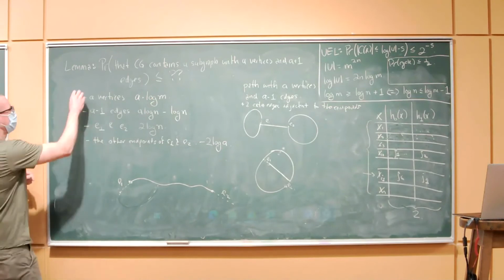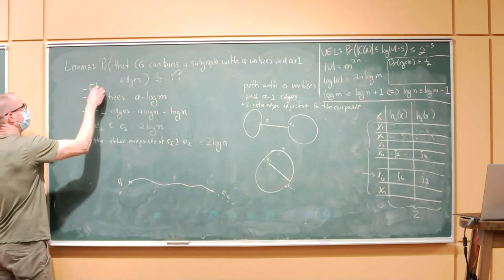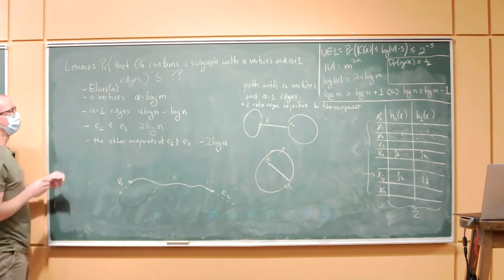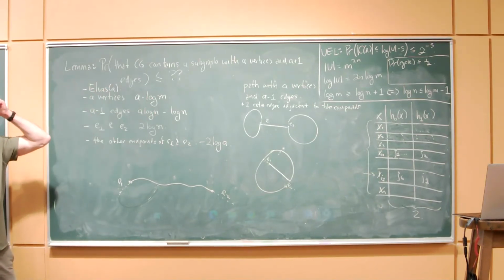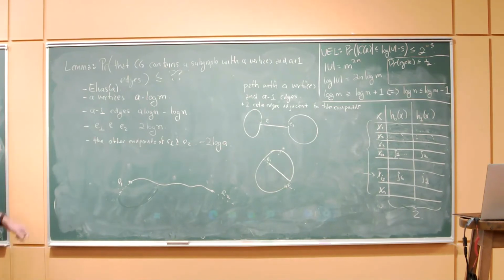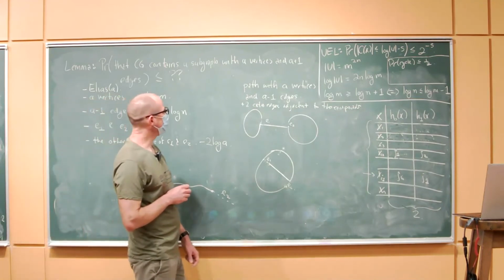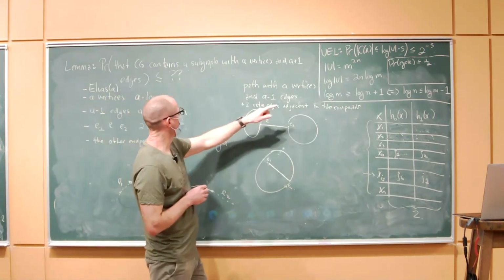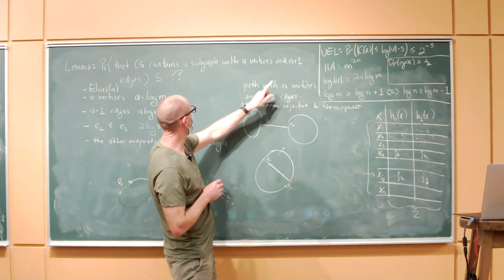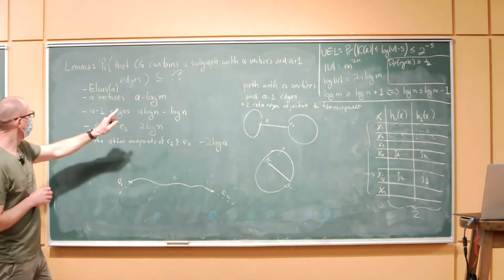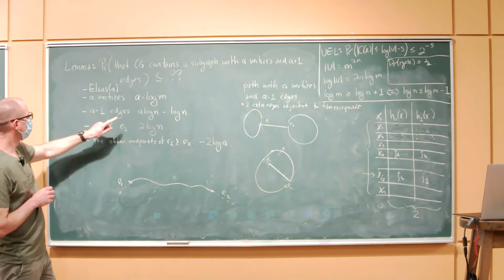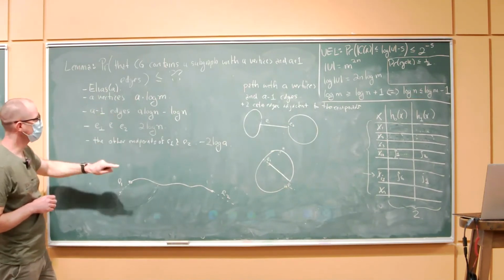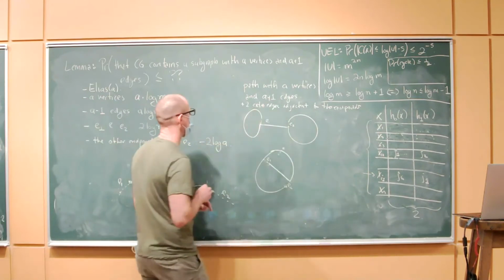And then I should not forget to make this prefix free. At the beginning, I need to tell you the Elias code for the value of A, the size of this graph. All right, so what have I learned after all of this? Well, I have this graph with A vertices, A plus 1 edges.